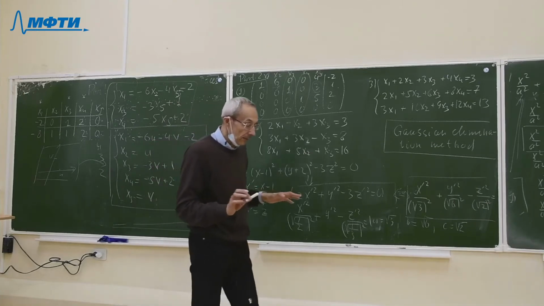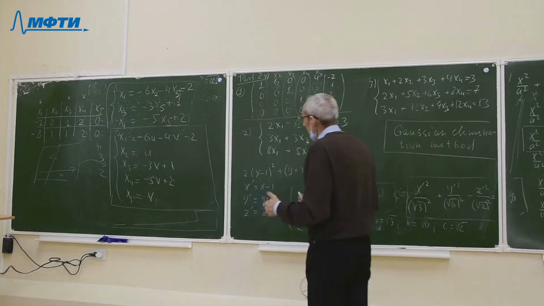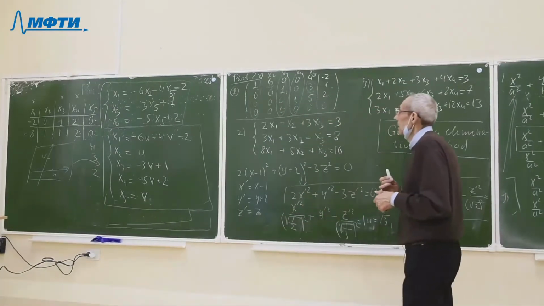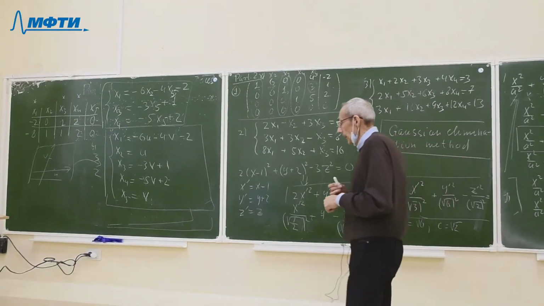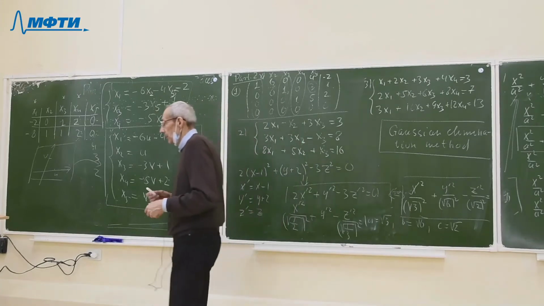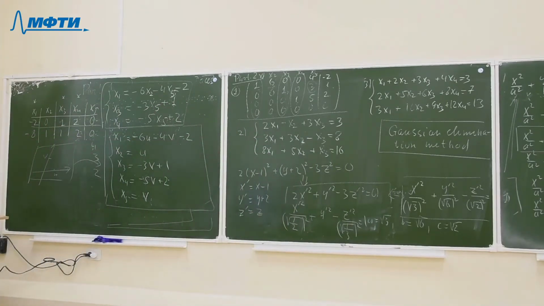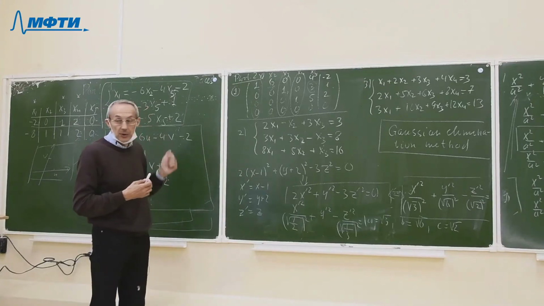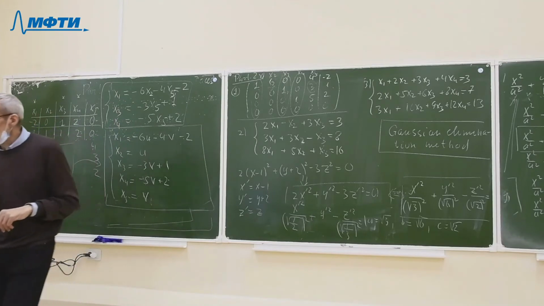Each row of the reduced echelon form corresponds to some hyperplane, and we obtain some collection of hyperplanes in general position in reduced echelon form. Okay.